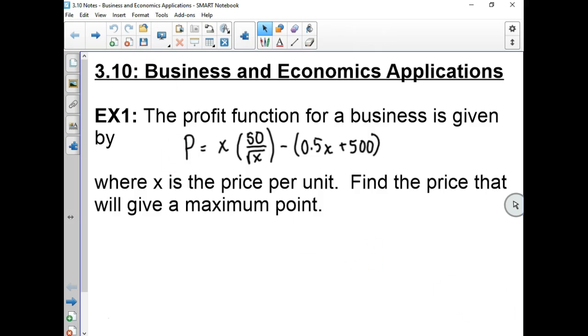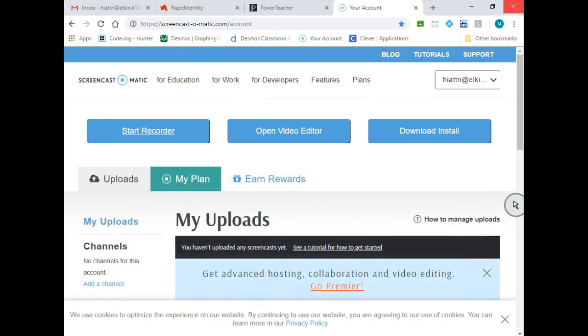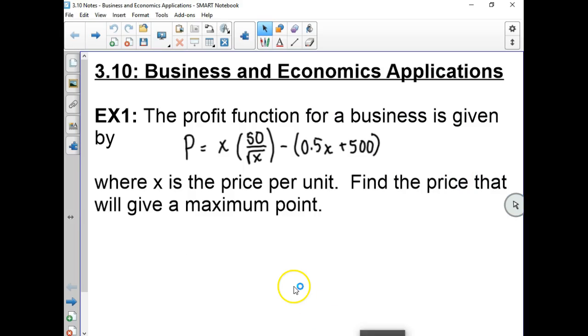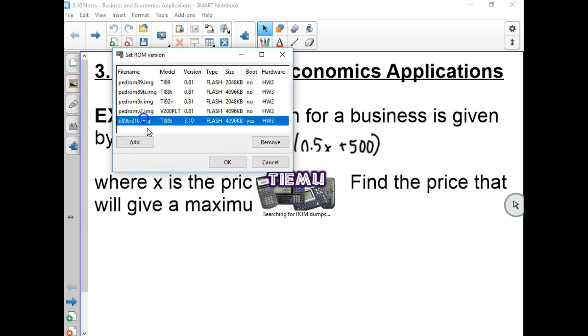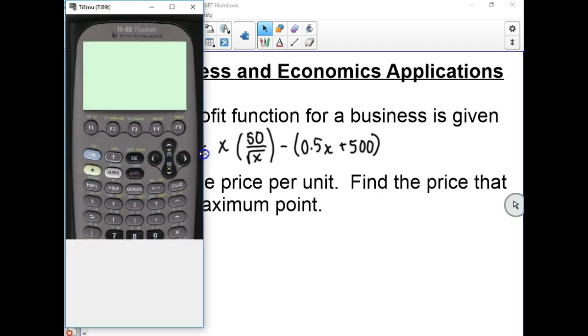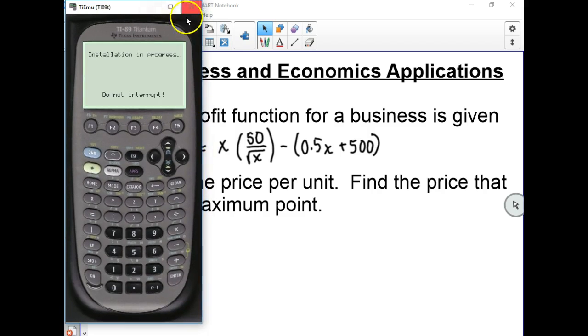So let's use our calculator for this one. We could do it by hand, it wouldn't be terrible, but let's use our calculator just to get a little more practice with it.